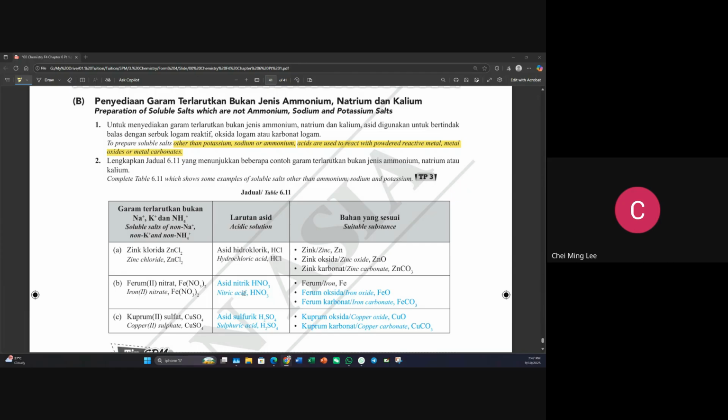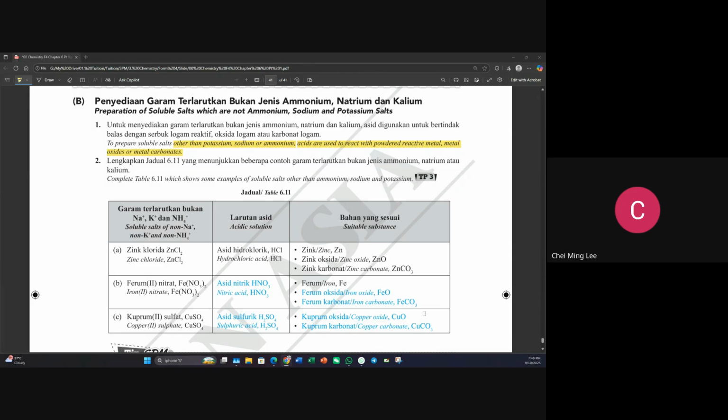This one is fixed. The rule is fixed. So the only thing is we can use pure iron, iron oxide or iron carbonate. While if I want to get copper(II) sulfate, we use sulfuric acid with copper oxide or copper carbonate. Why don't we use copper metal only?